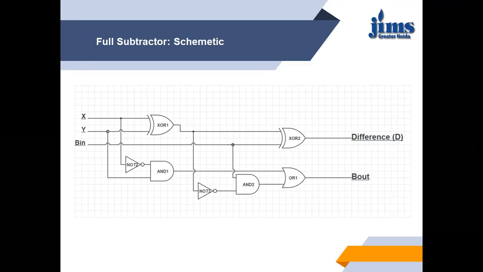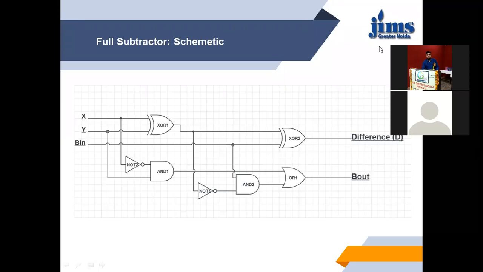We just have to add the number and we need not subtract the number. So it is just for simplicity that we are discussing here the half subtractor and the full subtractor, but the process of subtraction is done with the help of addition, and that addition is done either with the help of two's complement or the one's complement.